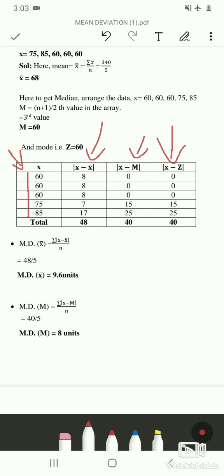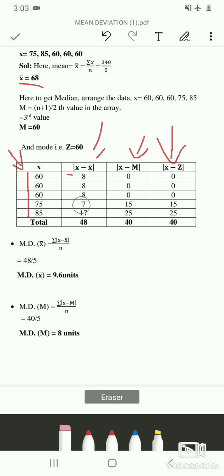Here the mean value is 68, therefore absolute value of x minus x bar is 60 minus 68, which is 8. Similarly, 75 minus 68 is 7, 85 minus 68 is 17, and adding these values you get the value of summation of absolute x minus x bar.